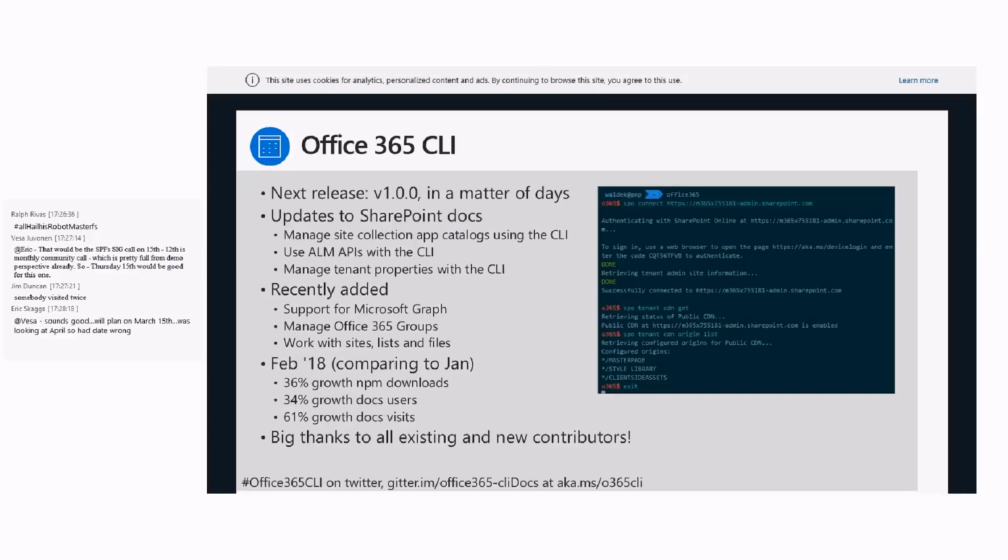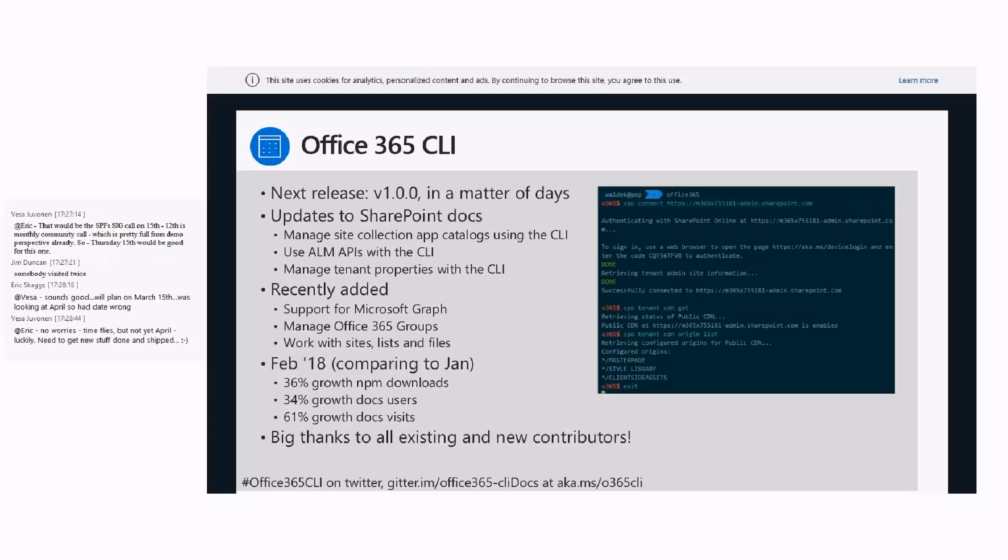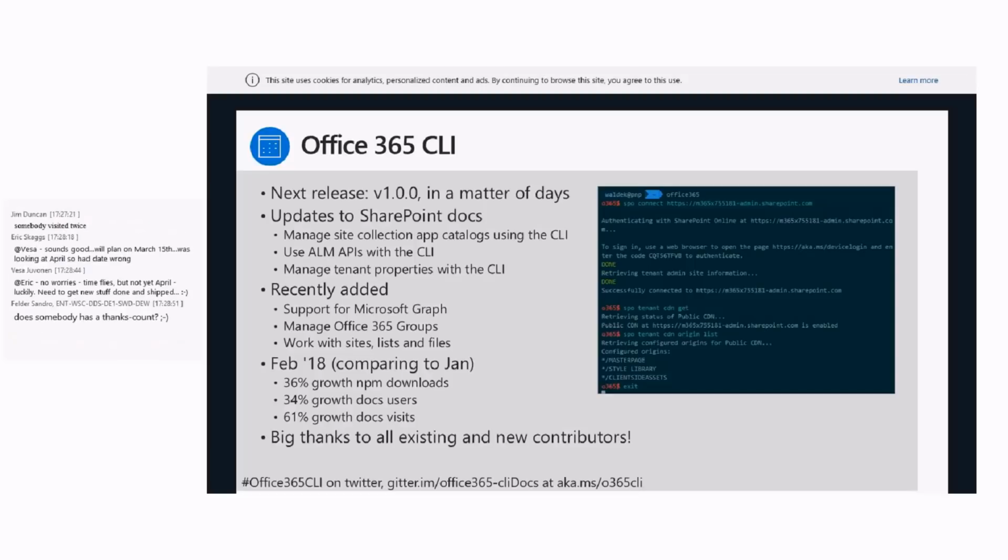And if you have anything to ask, you can follow us on Twitter using the hashtag, you can find us on Gitter. And if you go to aka.ms/o365CLI, you'll find the docs with a description of all commands that we have, manuals for acquiring the CLI, installing it, updating it, and so forth. So everything is there.